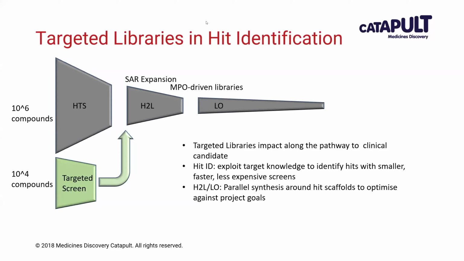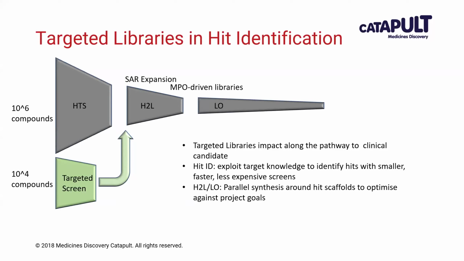Excellent, great. Right, so I'm going to give an overview of applications of targeted libraries in hit identification. So targeted libraries can impact at multiple points along the pathway to clinical candidate. At the start, hit identification, then expanding the SAR around those hits straight after that.